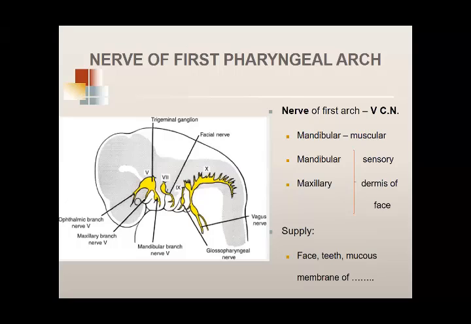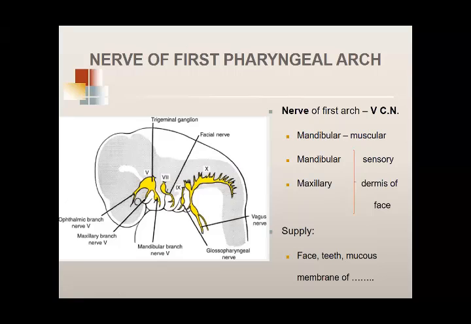Nerve of the first arch. Remember, the nerve of the first arch is the fifth cranial nerve. Basically, it is the mandibular nerve. The nerve of the first arch is the mandibular nerve. You remember the mandibular is a branch of the trigeminal nerve, and it had both a motor component and a sensory component.